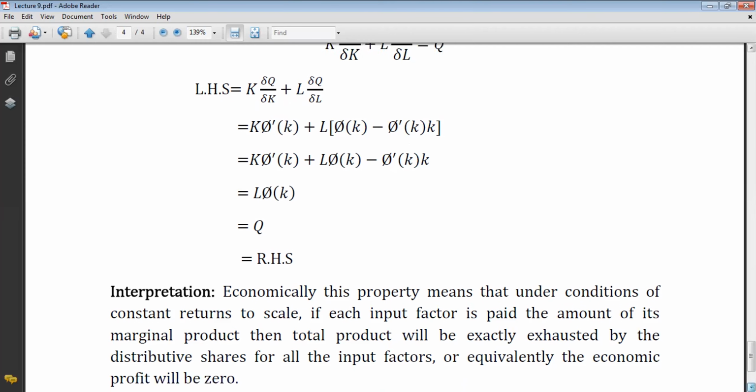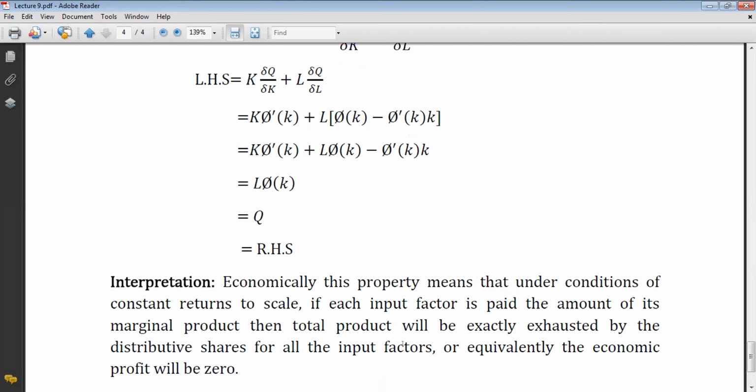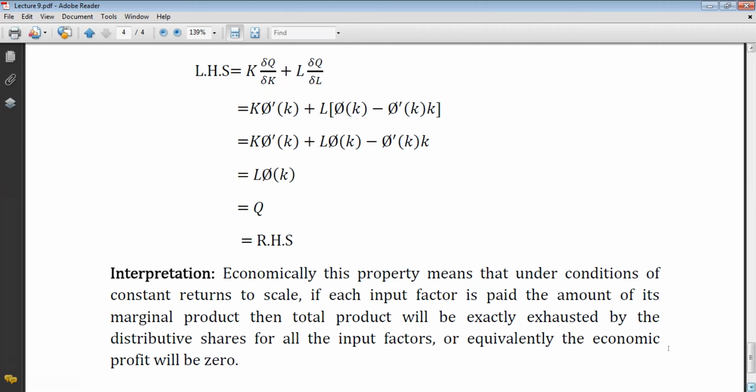That is why the total product will be exactly exhausted by the distributed shares for all input factors. Or equivalently, the economic profit will be 0.